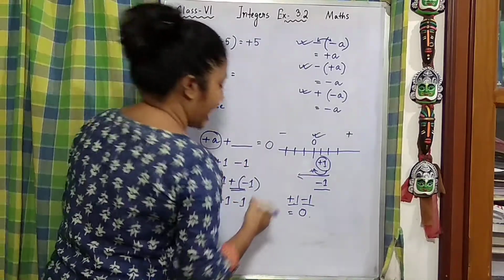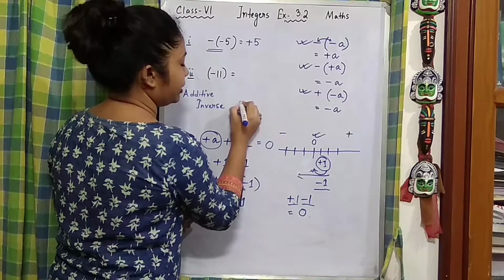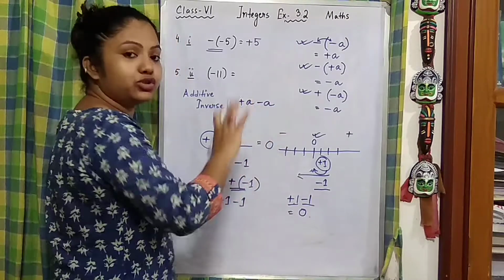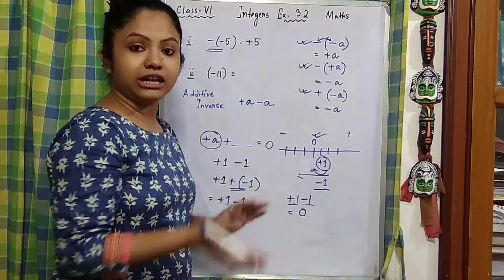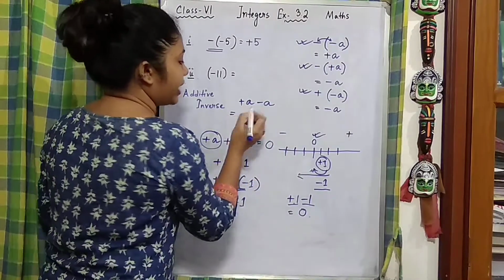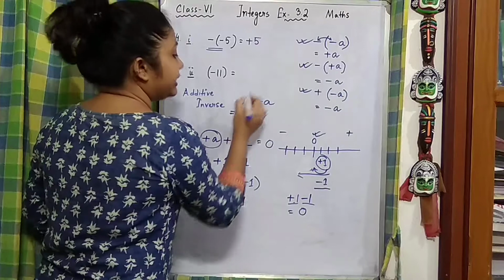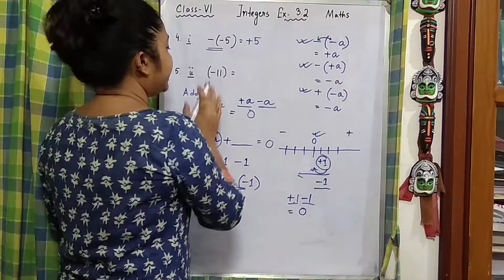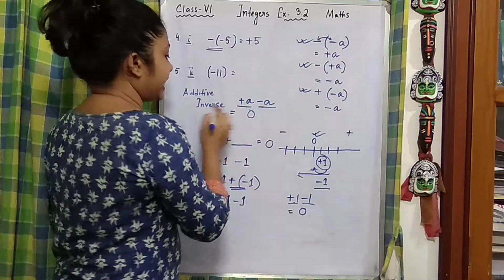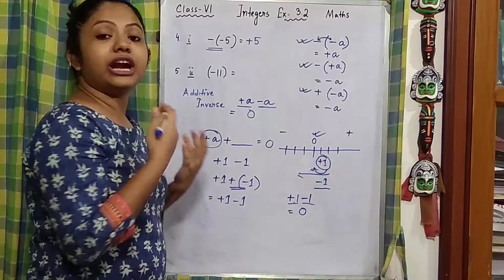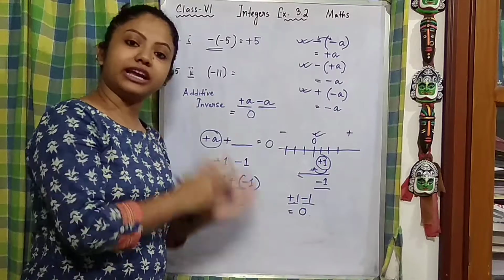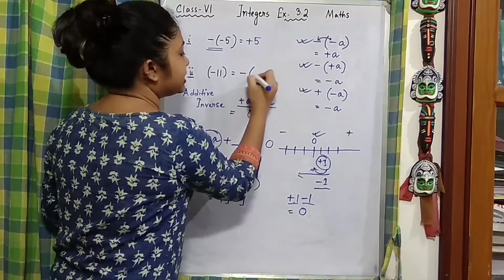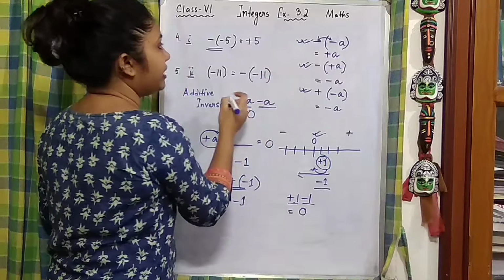Similarly, when there is a and -a, any two integers of different sign, when they interact, if their values are similar, they simply interact together and give 0. Now, in case of additive inverse, if we are asked what is the additive integer of -11, we are going to represent it like this.